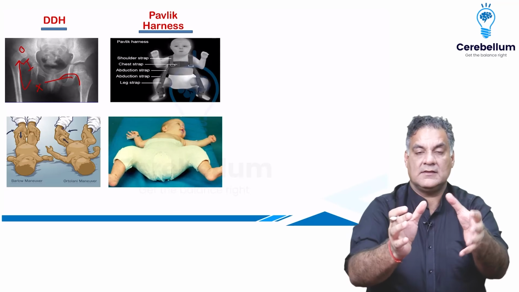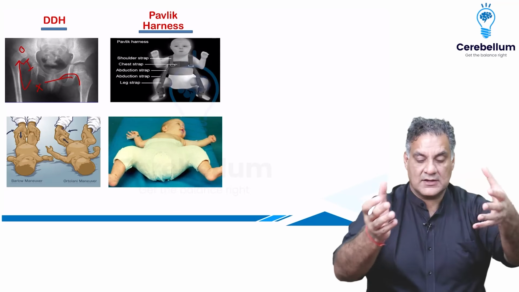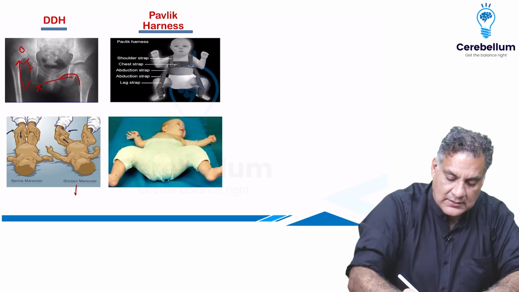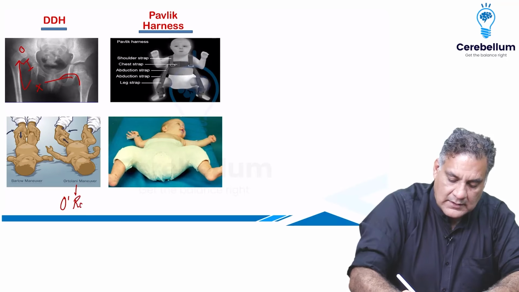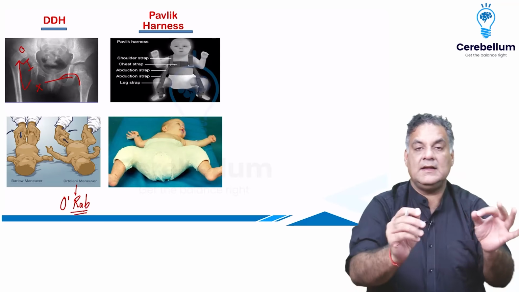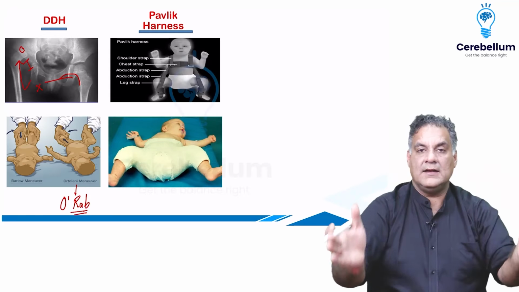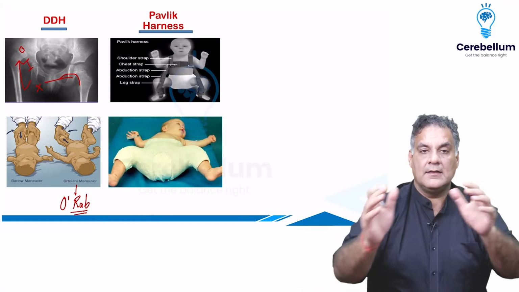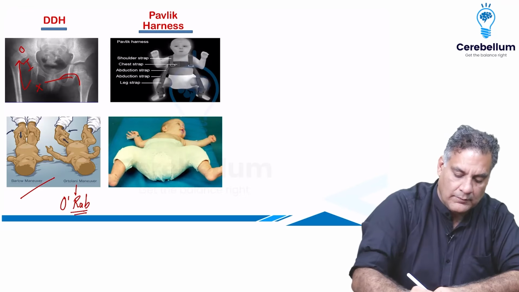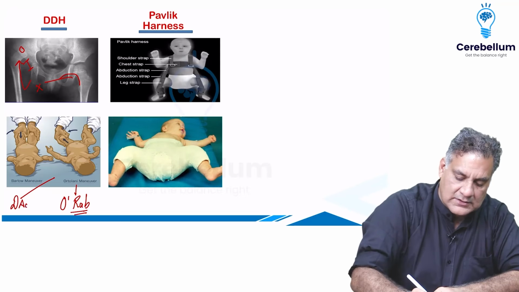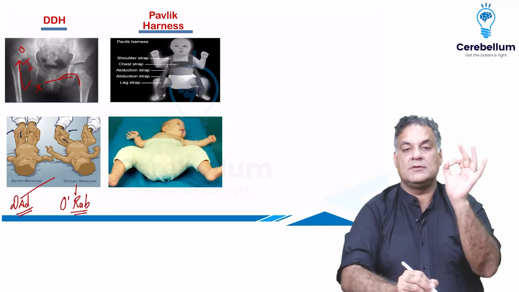Ortolani means reducing the hip, means reduction by abduction. Ortolani is a test of reduction by abduction. Ortolani, bringing the hip in, right? Barlow, taking it out, dislocation on adduction. So, these are the two tests for that.